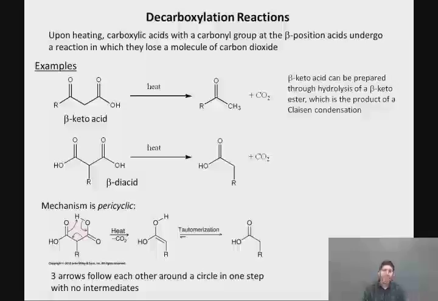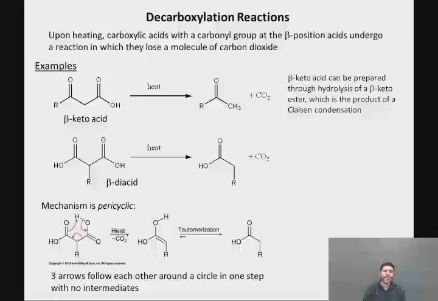Okay, so in one of those arrows, the ketone, or in this case, it's actually the other carboxylic acid, since we're using the example with the diacid, goes and picks up the hydrogen from the carboxylic acid. It's using the electrons in the CO pi bond to form a new OH bond. That involves breaking a bond from the carbonyl carbon.